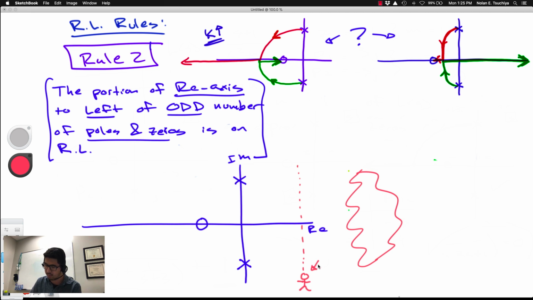There's nothing to the right of me. And because 0 is not an odd number, that implies that that point of the real axis right there is also not considered to be part of the root locus.